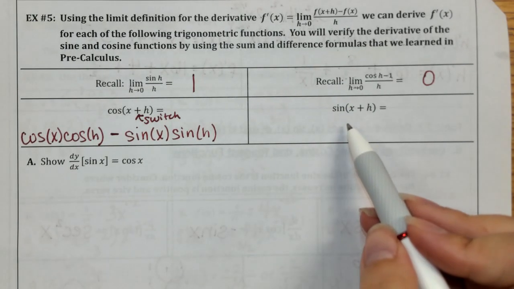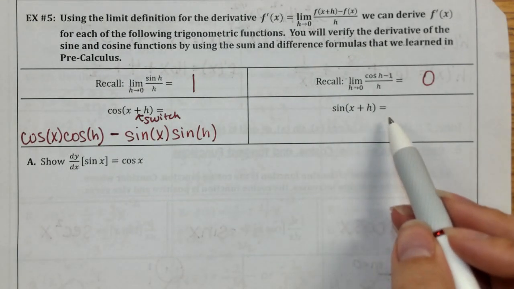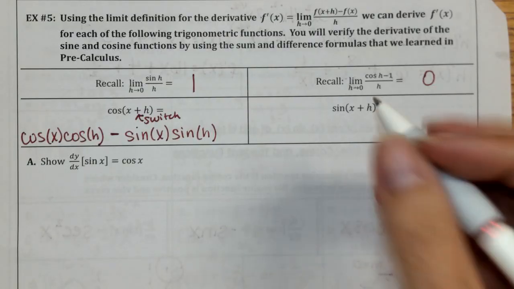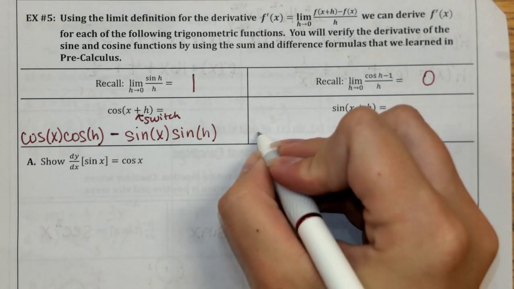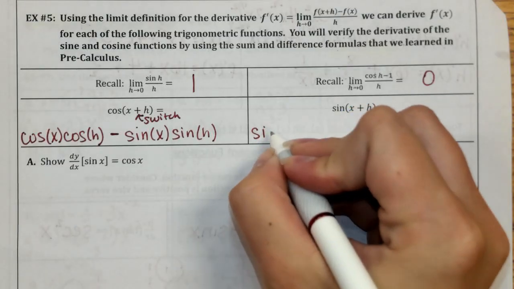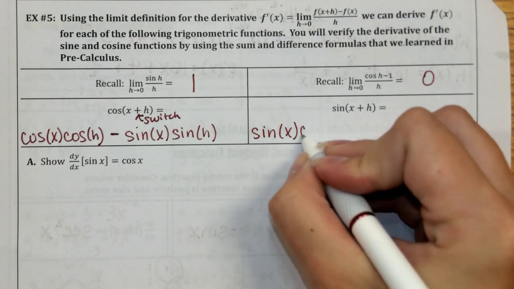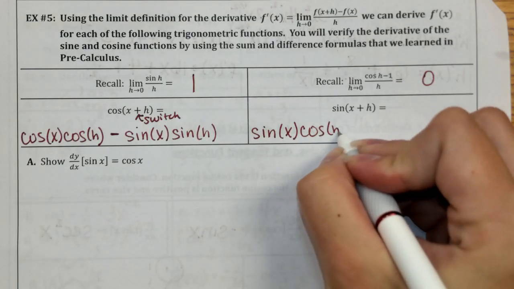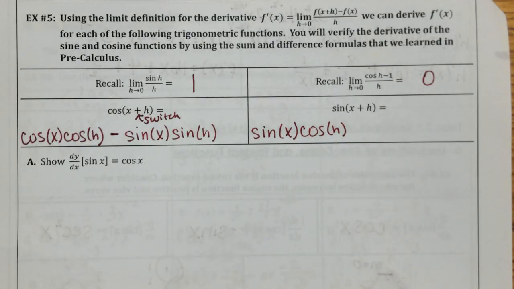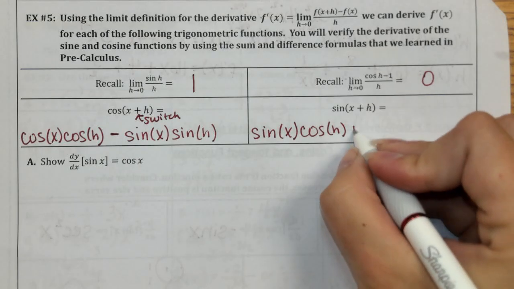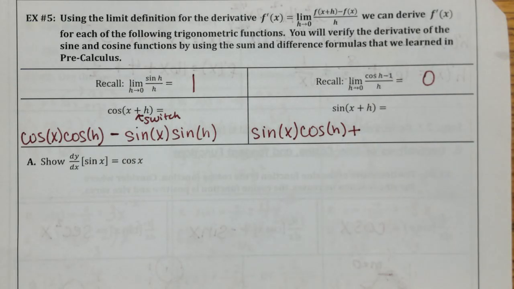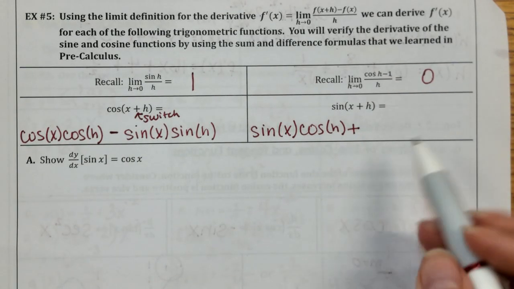The other one, if you have a sine of x plus h, for this one, you're going to rewrite as sine of x cosine of h. That's why I said we're going to go slow.